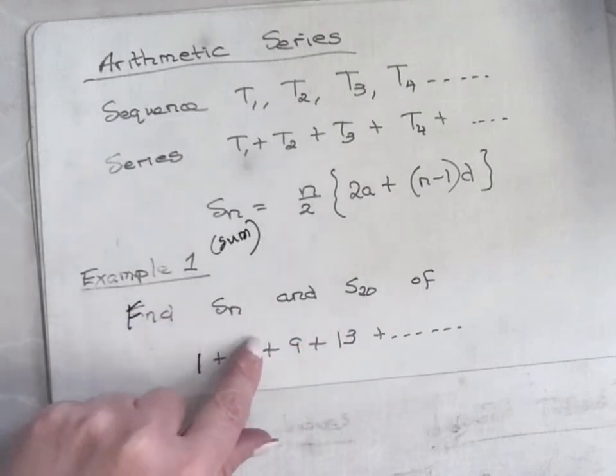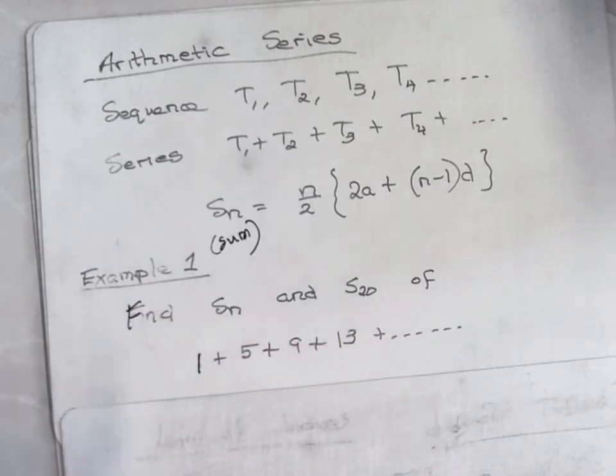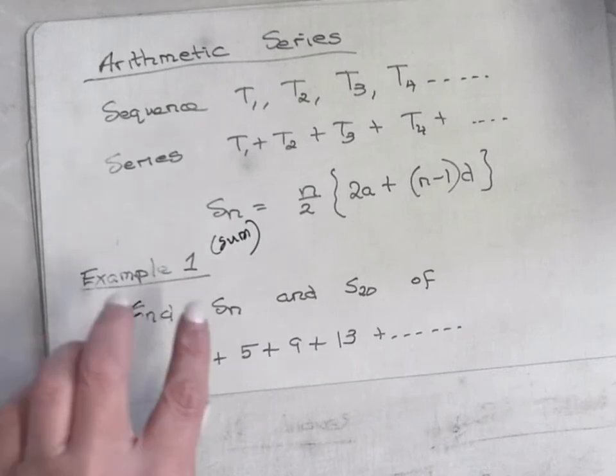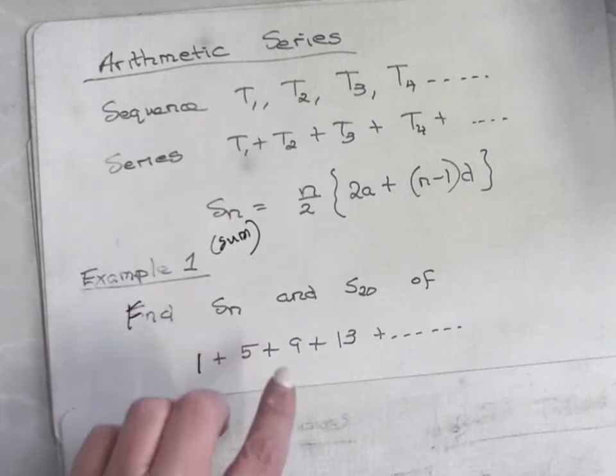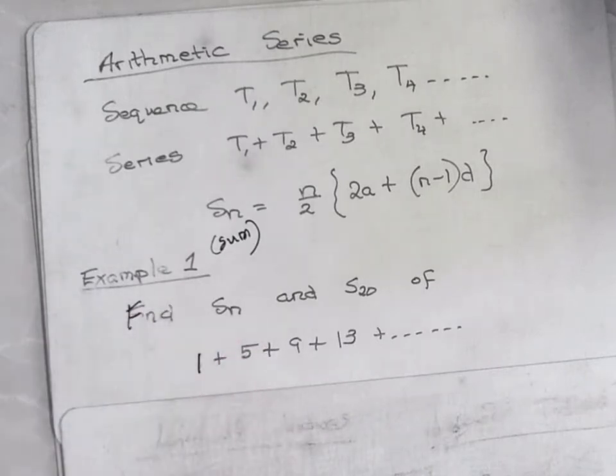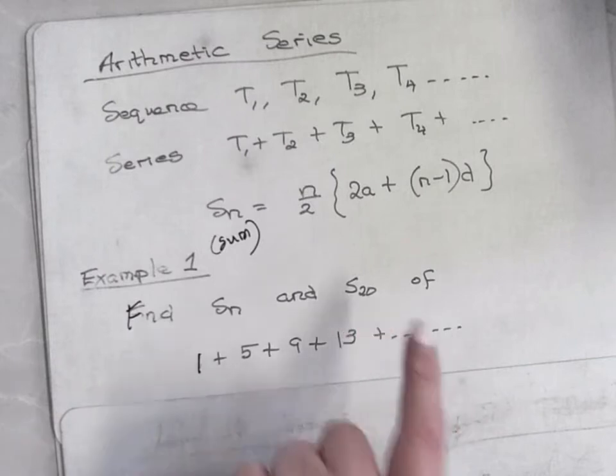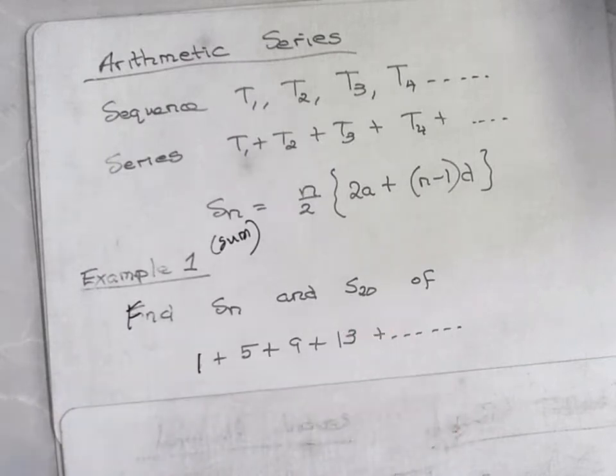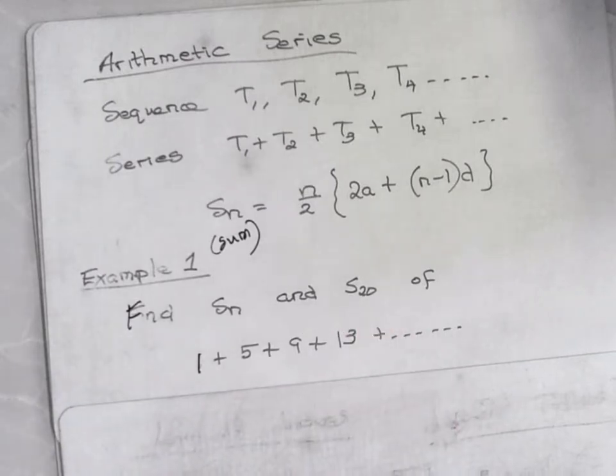So Sn is a general term to add the first n terms, and S20 is add the first 20 terms in this sequence. S stands for sum. And when you're adding the terms, it's not called a sequence anymore, it's called a series, and we don't call it term anymore, we call it sum.